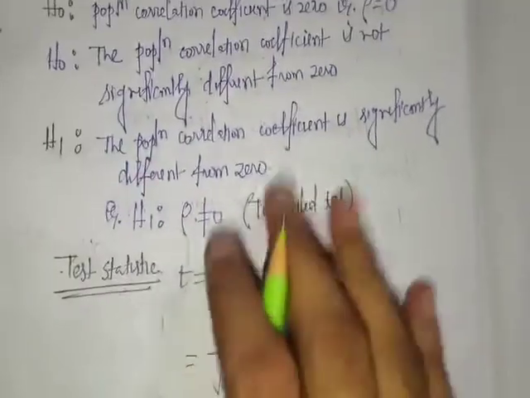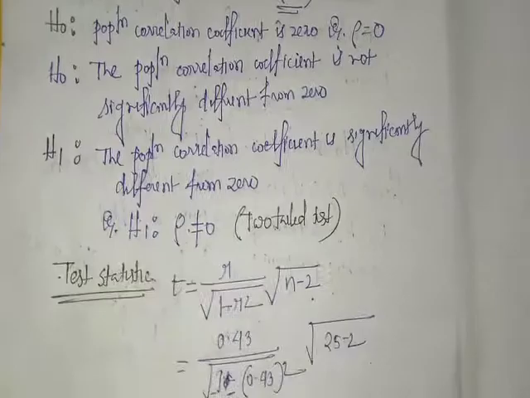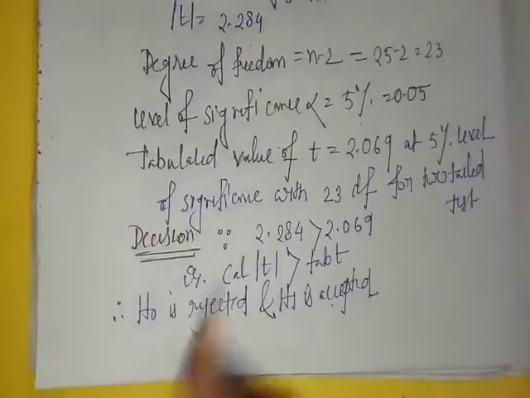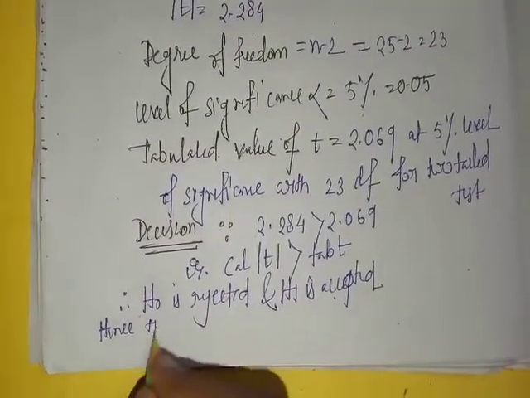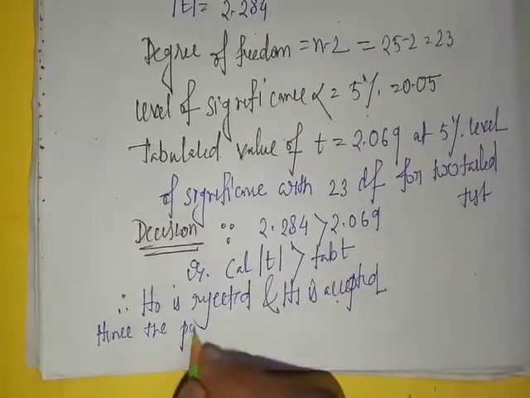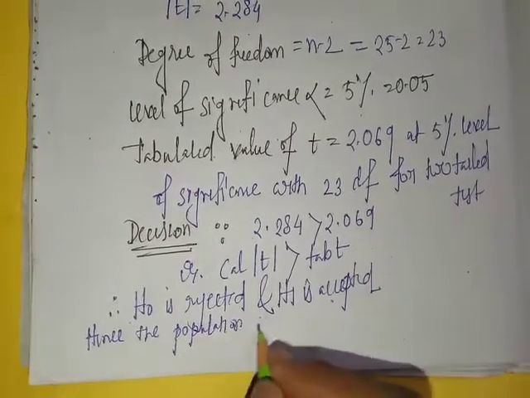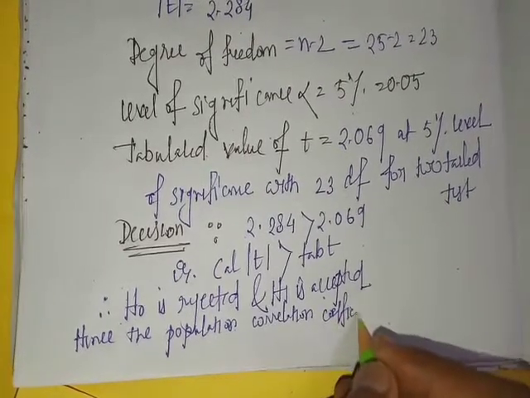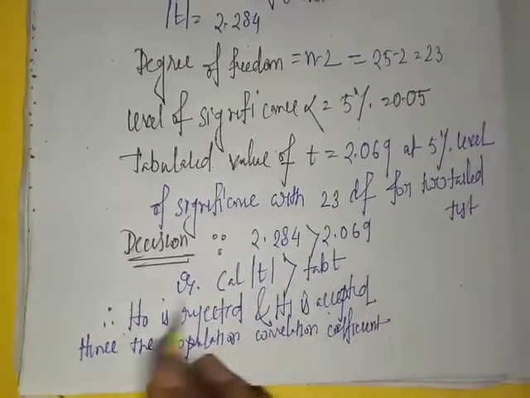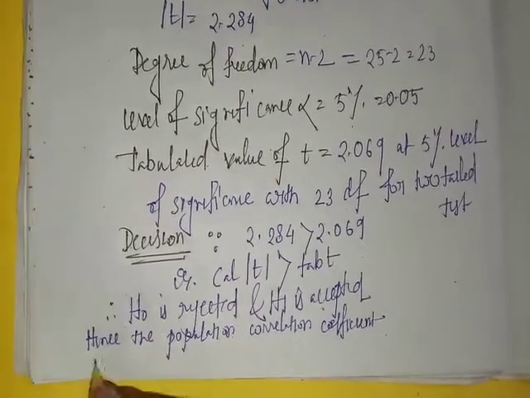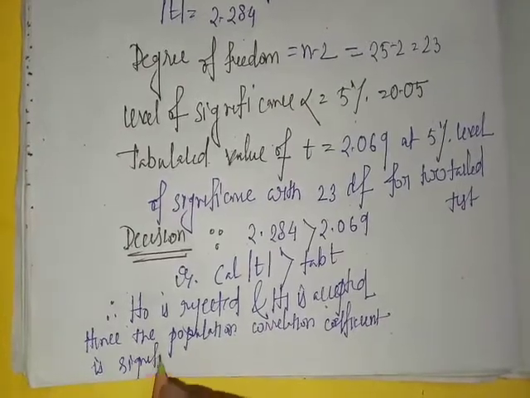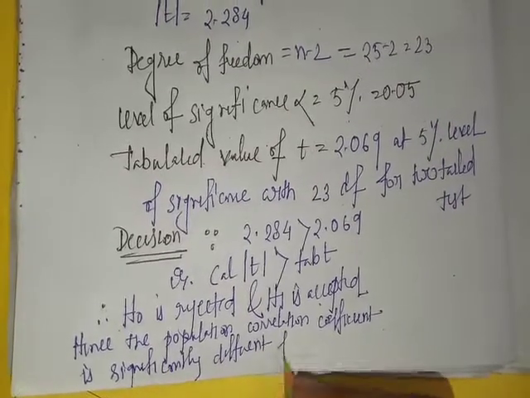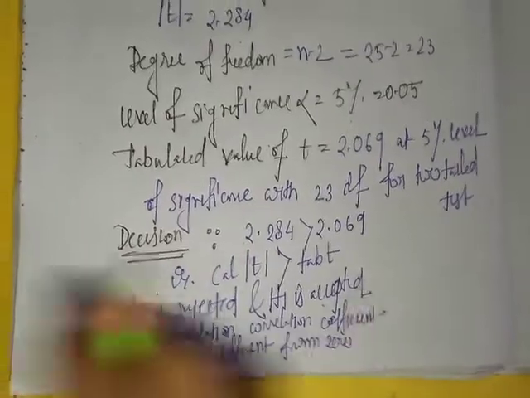Since the alternative hypothesis is accepted, this statement is true. That is, hence, the population correlation coefficient is significantly different from 0. This is the required answer.